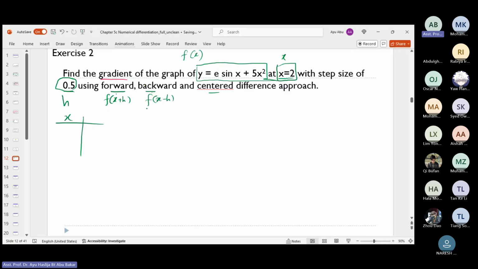X is 2. X minus h is the point before the x, so here would be 1.5. And one step ahead, 2.5. Now find out your f(x).